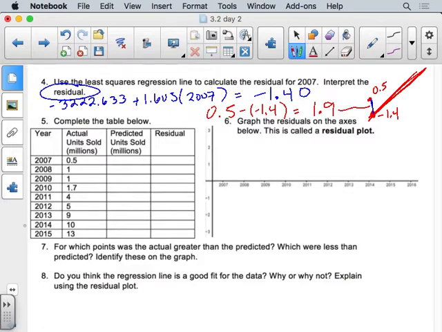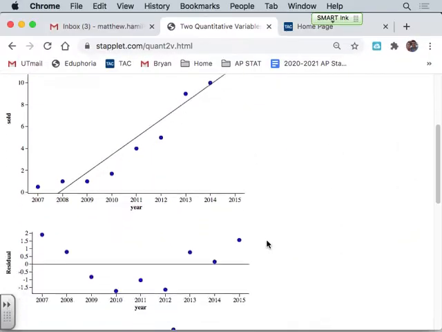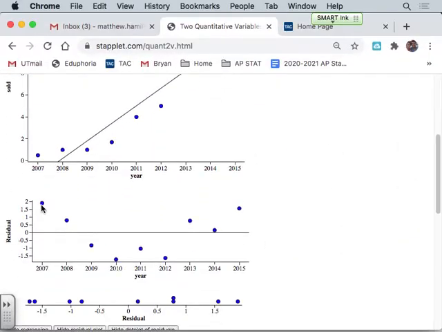So looking at that. Okay, complete the table on number 5. If I come over to the computer, for the table, you could do it all by hand, but that would take a little bit. So you can hover over these and see where these residuals were.